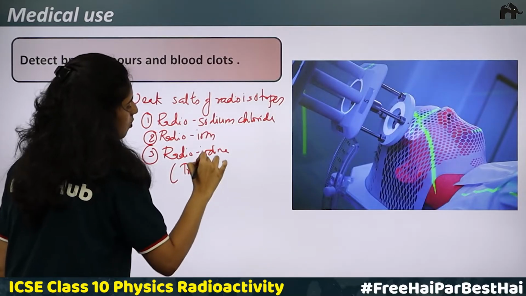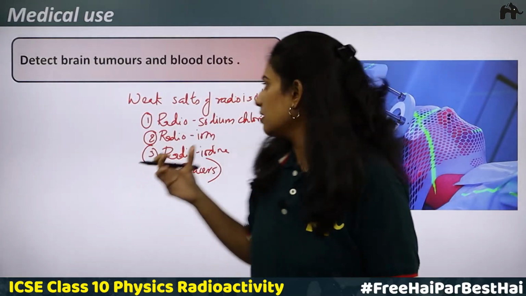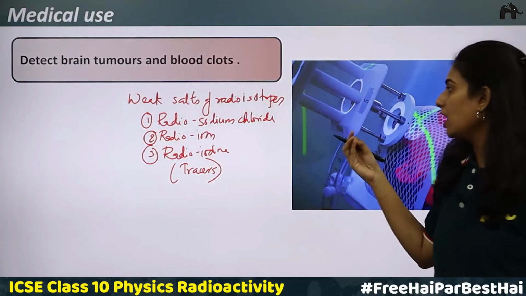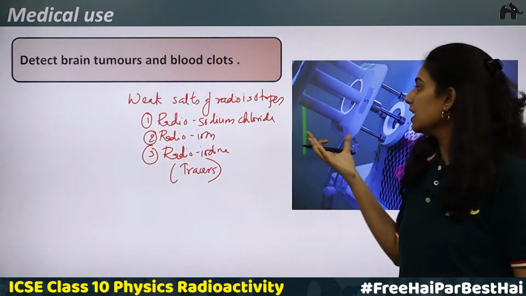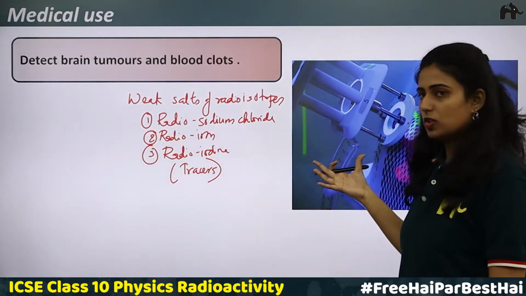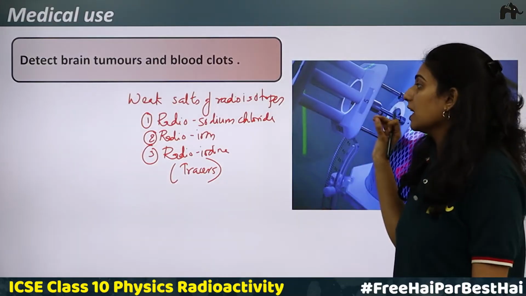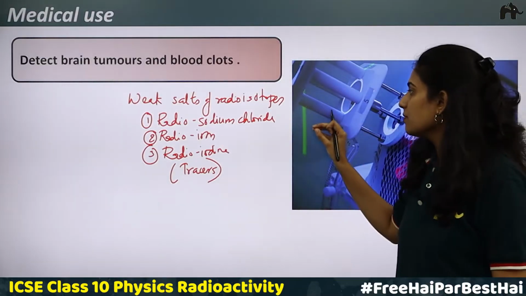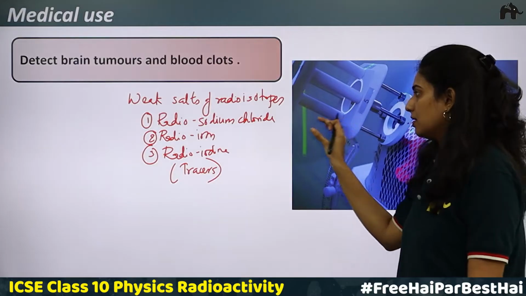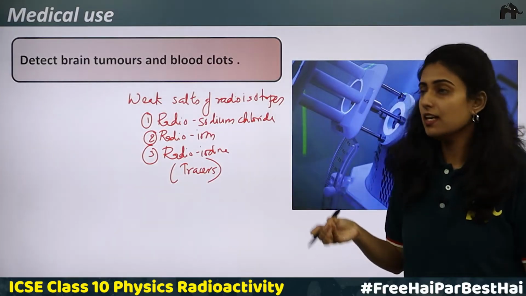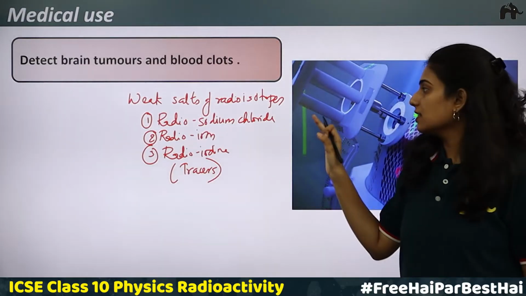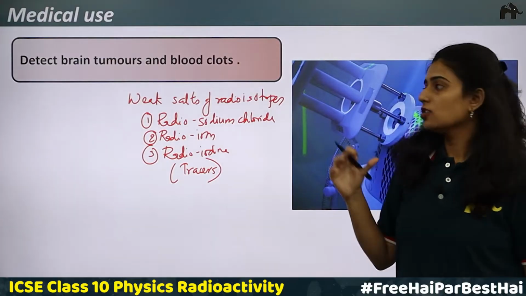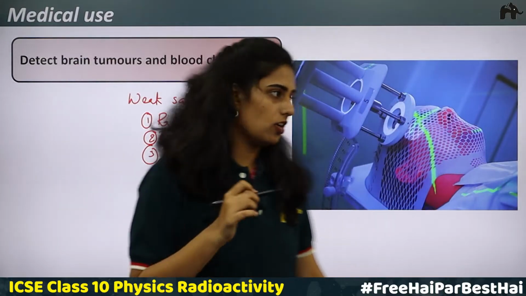Now what happens is, these salts, for example radiosodium chloride, along with the common sodium chloride, are injected into the body, into the blood. Then the radioactivity at the different body parts, different blood points, is studied, and this difference is noted. So this process is called radiocardiology.